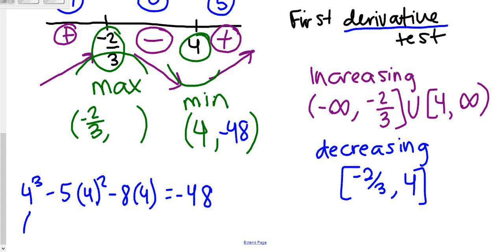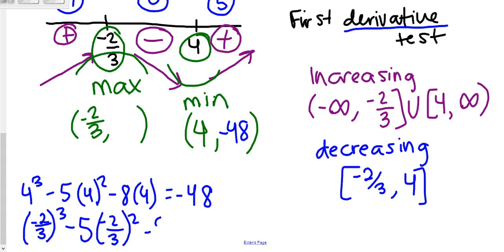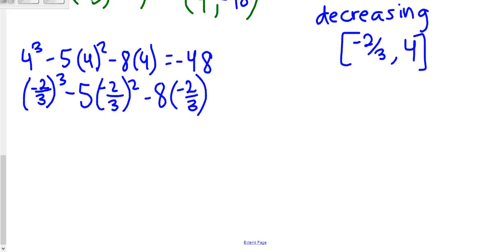Now we need to plug in. We have negative 2/3 cubed minus 5 times negative 2/3 squared minus 8 times negative 2/3. So to square or cube a fraction, you're going to cube or square the top and the bottom.